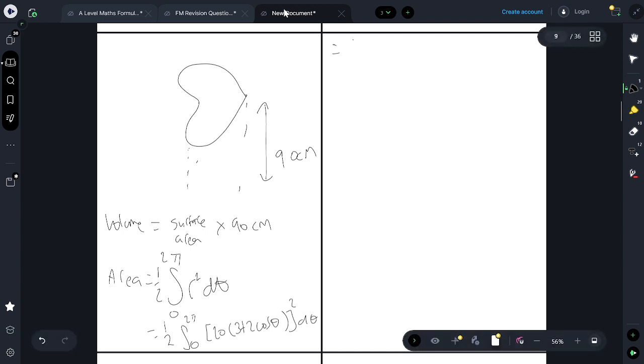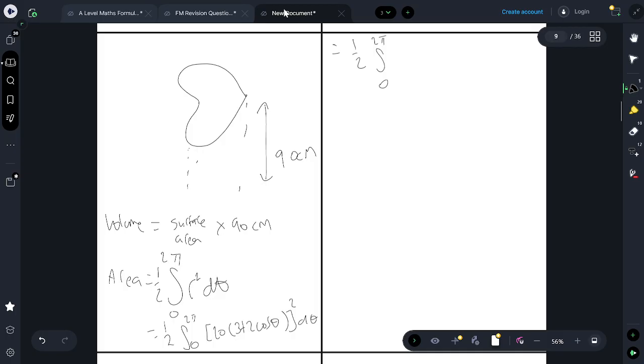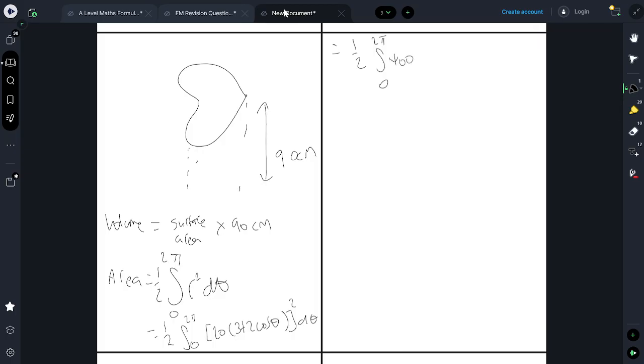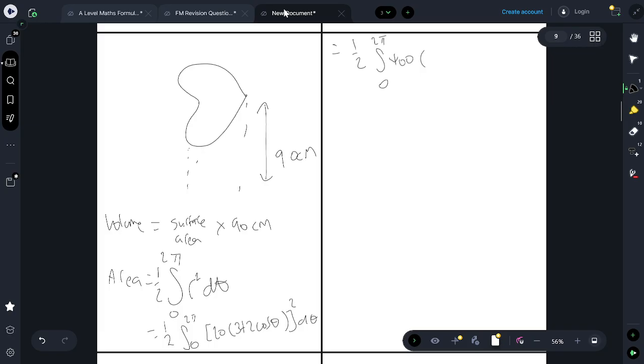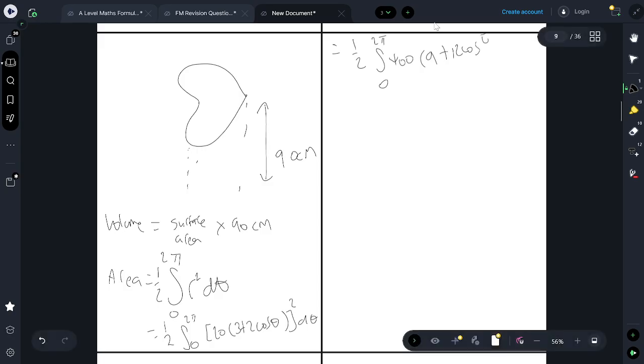So that's going to be half of the integral between 0 and 2 pi. 20 squared, which is 400, I believe. 400, and then we're going to expand this bracket out. So 3 plus 2 cos theta squared, that's going to be 9 plus 12 cos theta. 3 times 2 is 6 times 2 is 12.